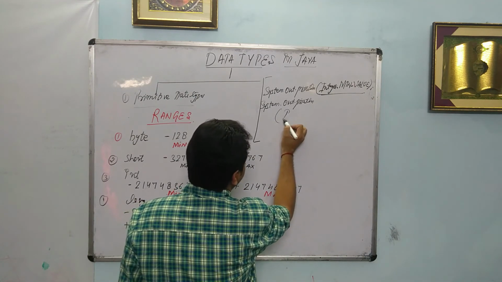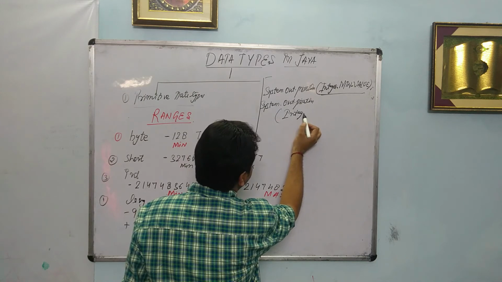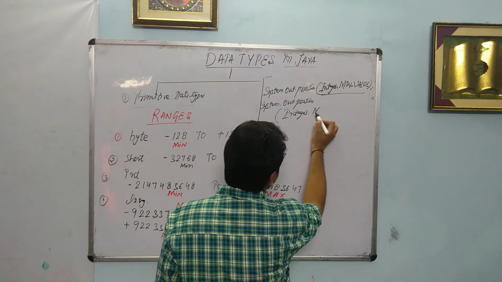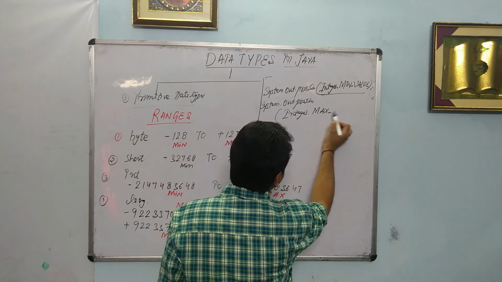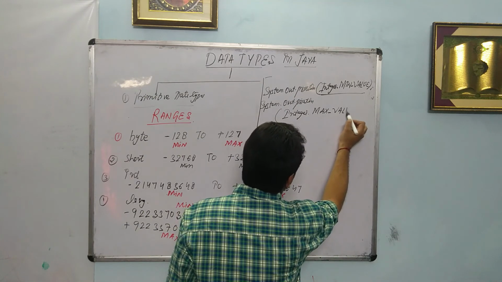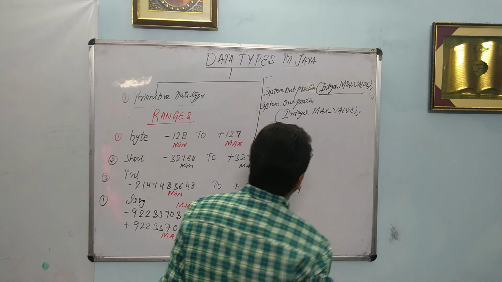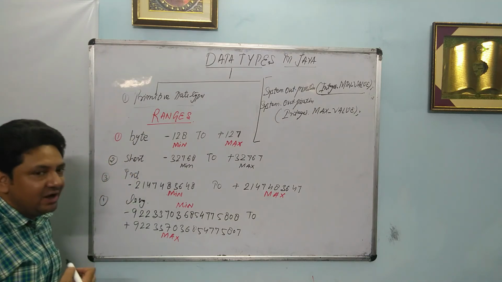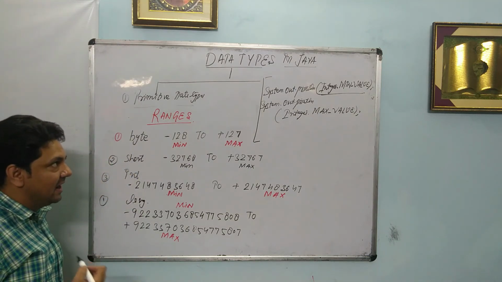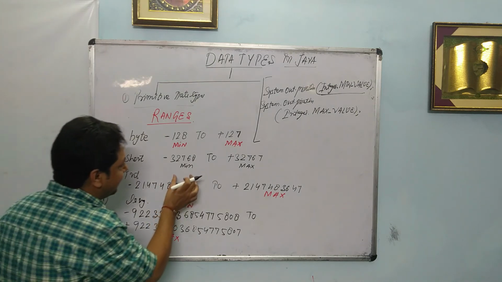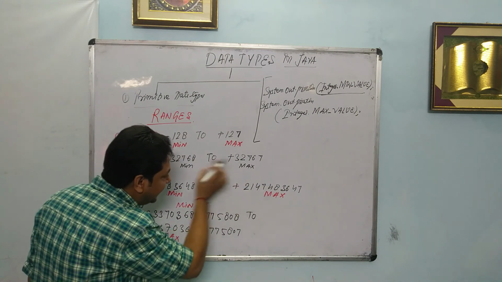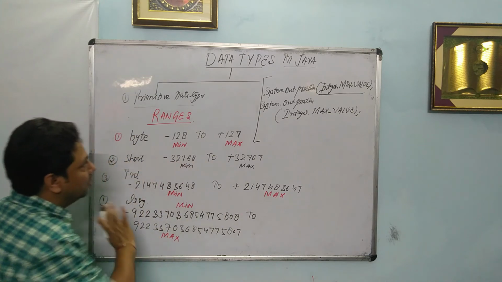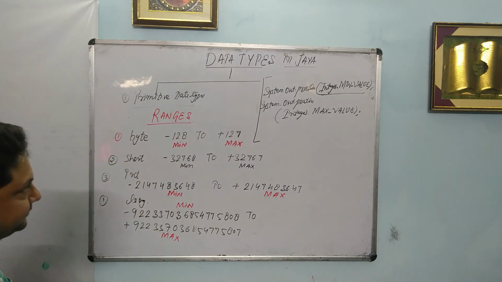Okay. Integer.MAX_VALUE. By this statement, you can get the maximum value of integer. Similarly, you can find out the minimum and maximum value of any other data type. No problem. Okay.